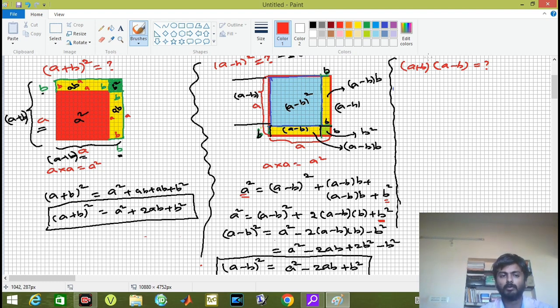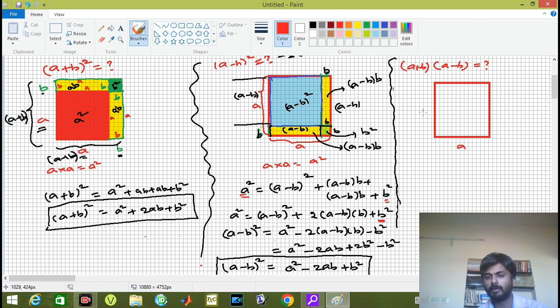For this I am going to consider a square. This is a square, and this square has dimensions a and a as length and breadth.